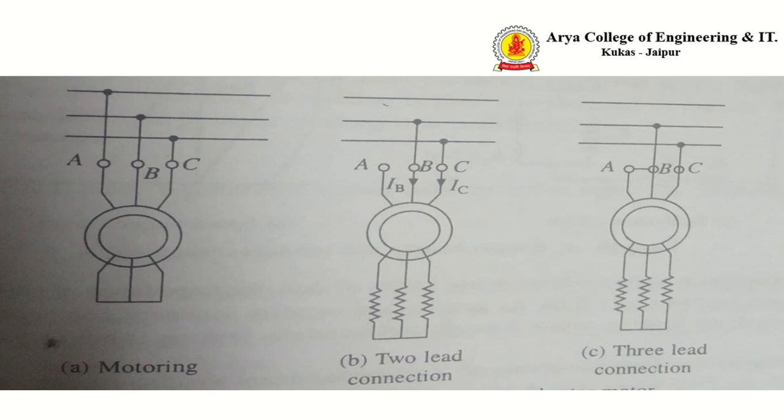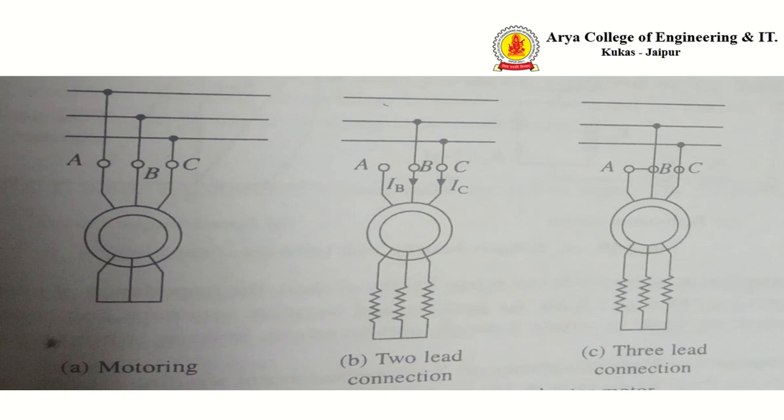In the second method, I explain reverse motoring depending on the speed in terms of slip. Slip of the motor is equal to Ns minus Nr upon Ns, where Ns is the synchronous speed and Nr is the rotor speed. If Nr is greater than Ns, then slip is less than 0, and then the motor reverses, and this is the regenerative braking method.